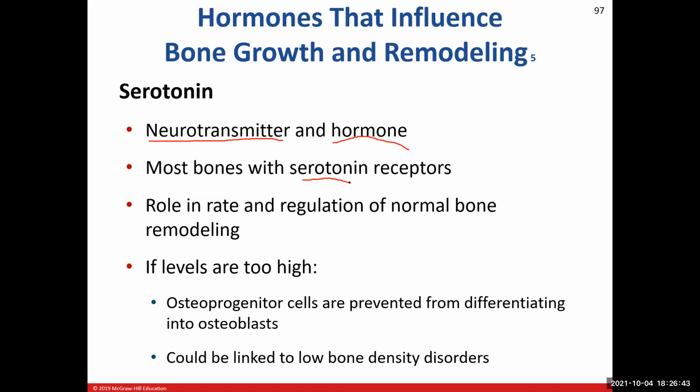I'm going to write them a script for Zoloft, okay, which is an SSRI, selective serotonin reuptake inhibitor, certain classification of drug. So they give this prescription to the kid, and now this child has tons of serotonin floating around, lots and lots and lots. Problem is, okay, if the levels get to be too high, these osteoprogenitor cells cannot become the cells that build bone.